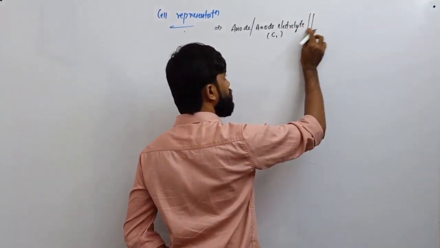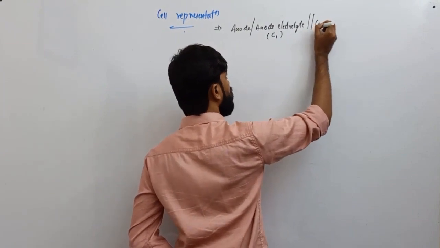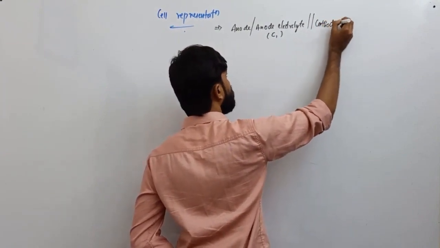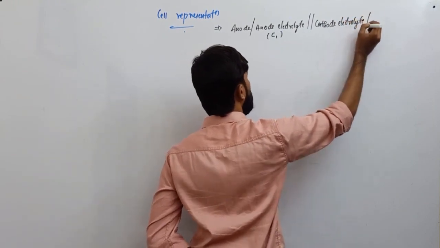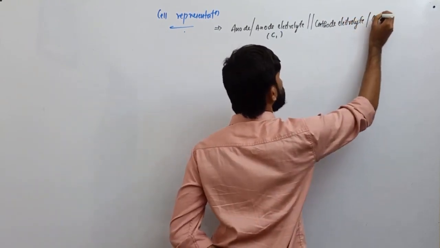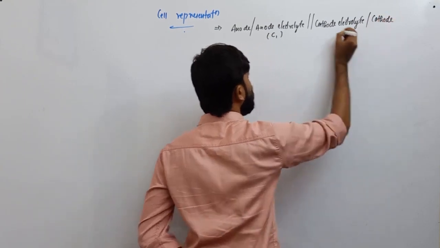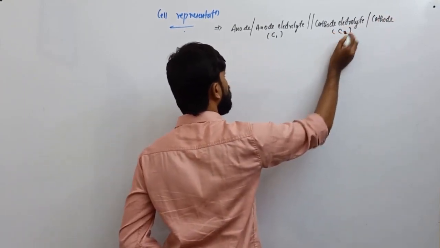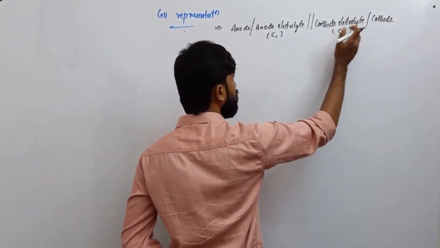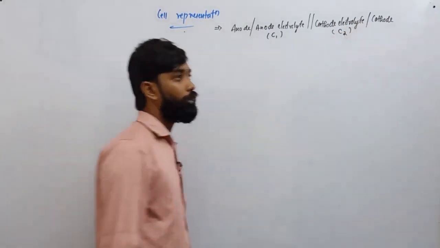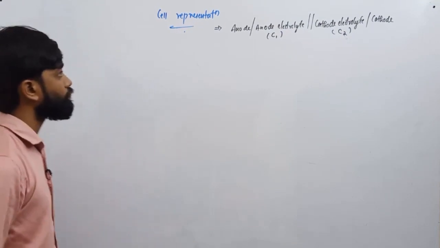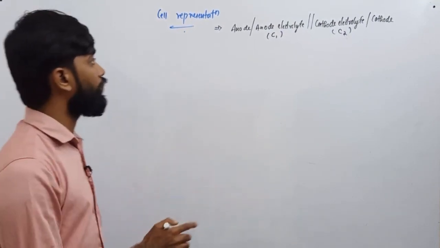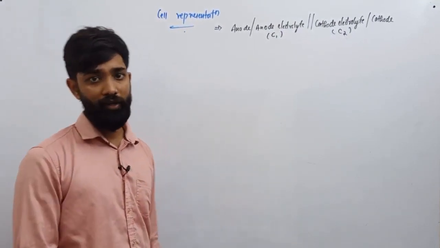Then this represents the salt bridge, followed by the cathode electrolyte, followed by the cathode. The concentration of the cathode electrolyte, let it be C2. If you know the concentration, then you can write it. If it is unknown, then put it as C2. So this is a general way of representing a galvanic cell.